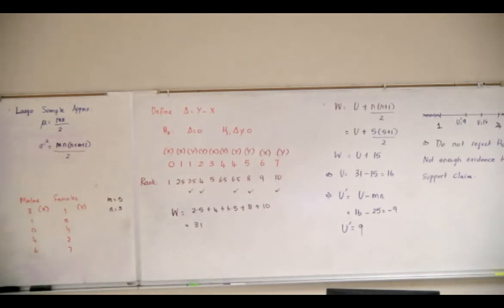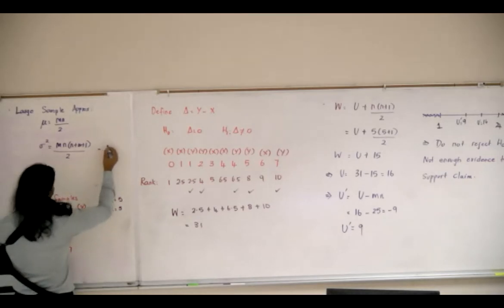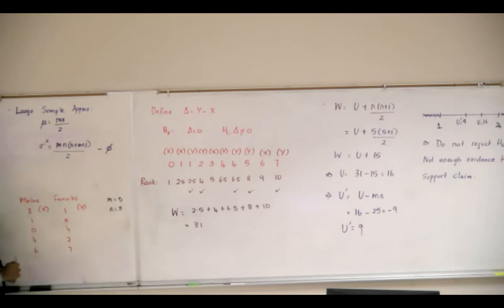All we have to do is introduce a correction. I'll just call it phi. That is a correction that we have to introduce in the variance due to ties.